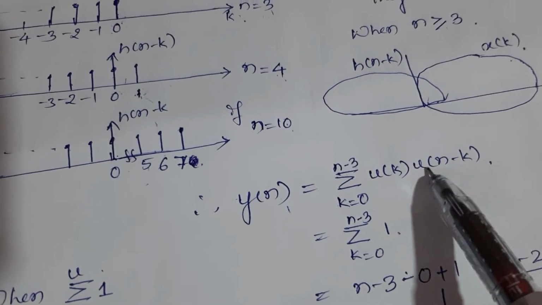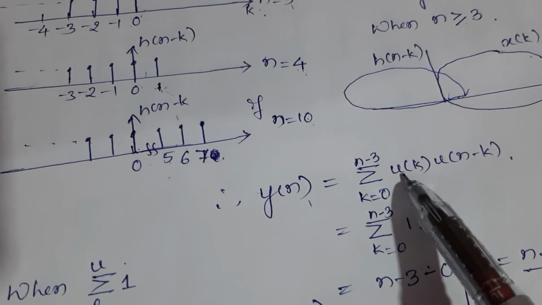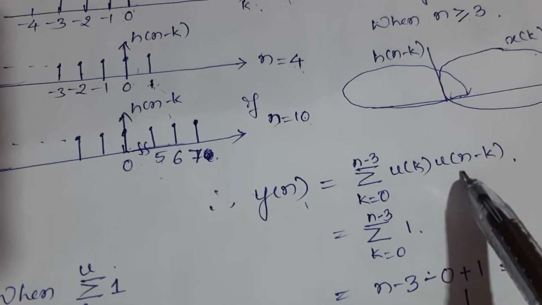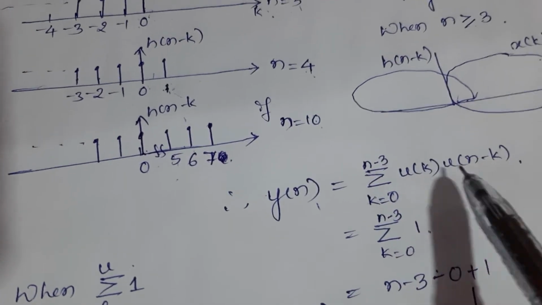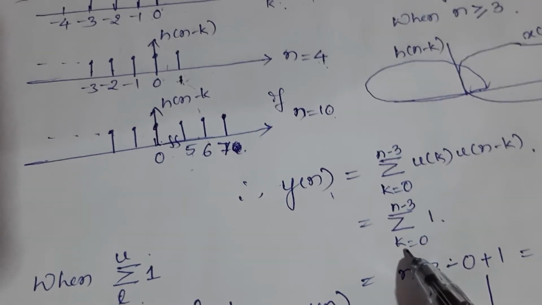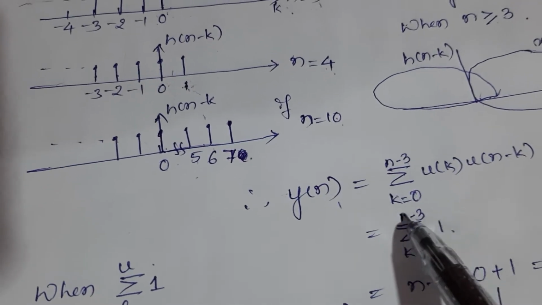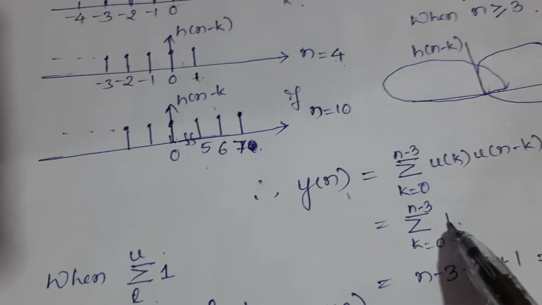So u of k, u of n minus k. We know that u of k is a unit sample, and similarly u of n minus k, the amplitude of both of those is just 1. So we have a summation with some lower limit and upper limit with a value 1.